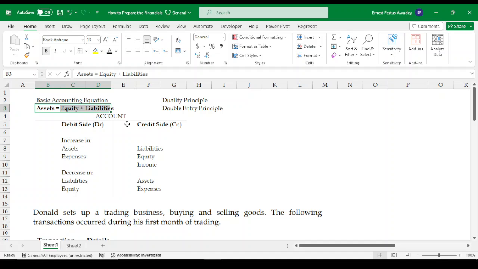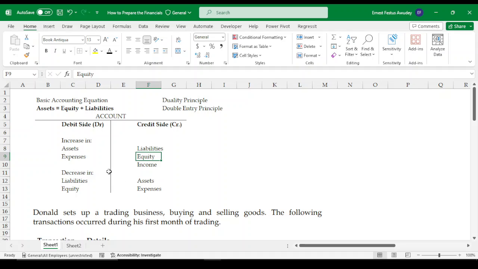All right. So understanding that, we can now talk about the rules for recording the transactions. Now, because we understood assets, equity, and liabilities, let's see how we are going to put them within the account system.